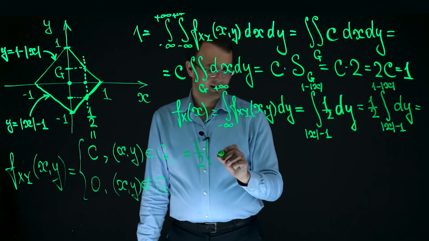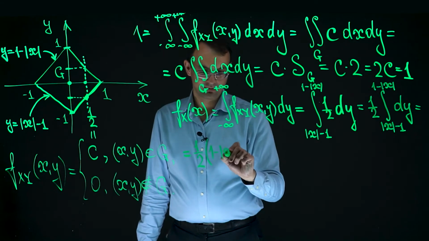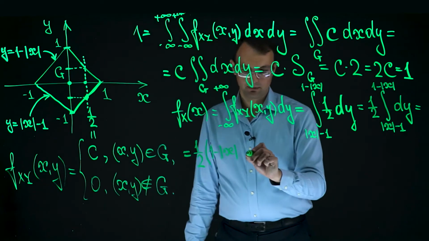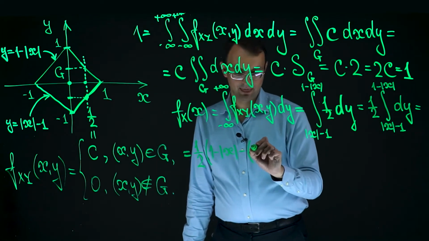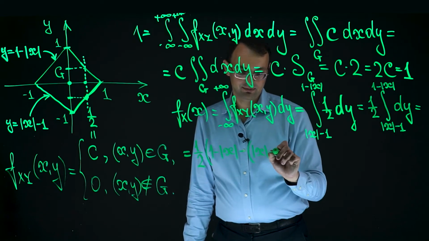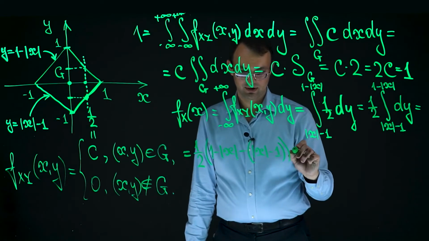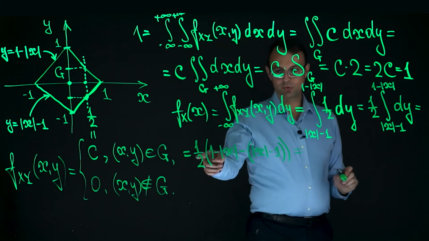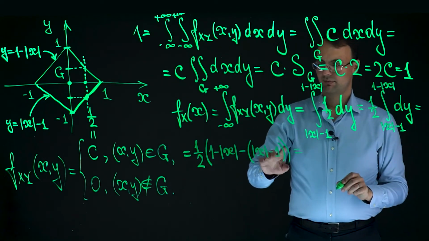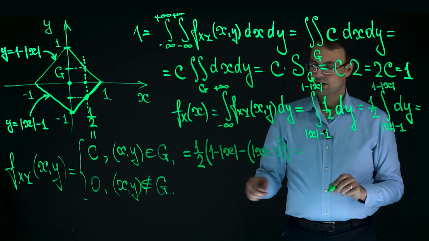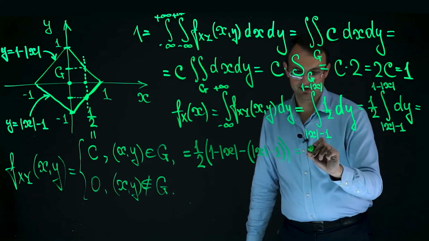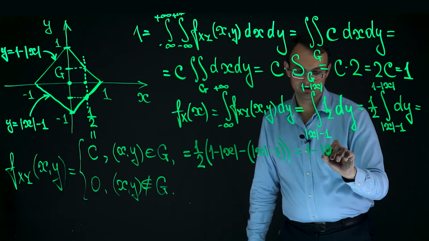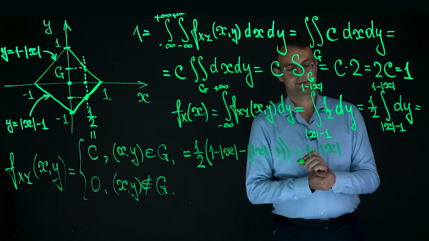So 1 minus modulus x minus modulus x minus 1. So if we simplify this expression, we will get 1 minus modulus x.